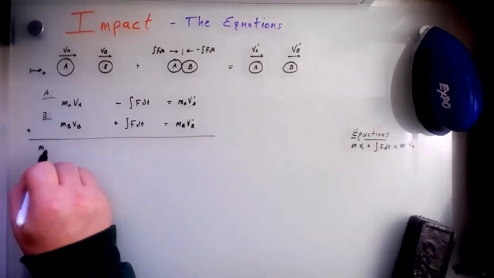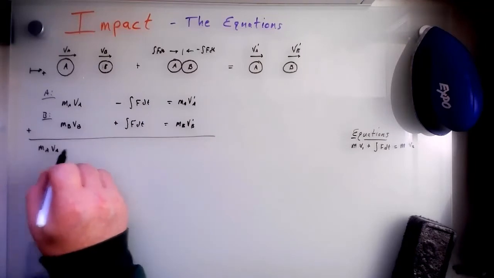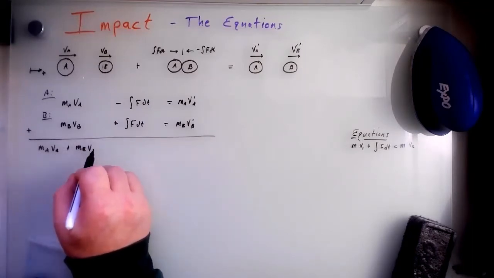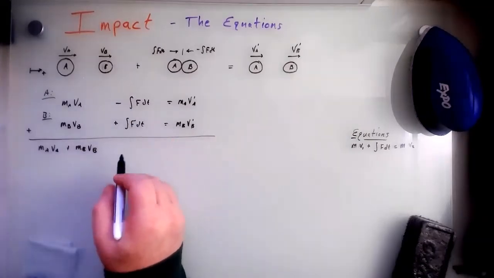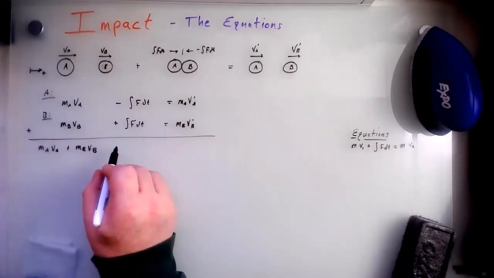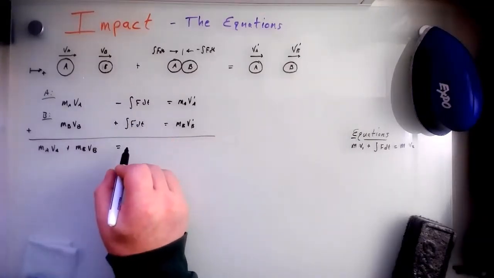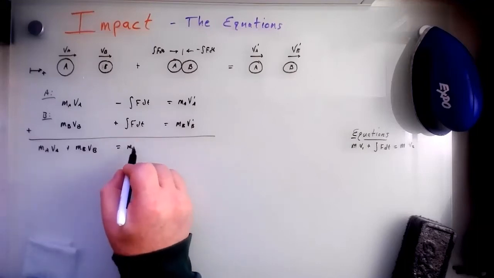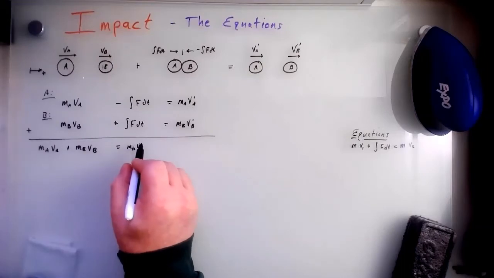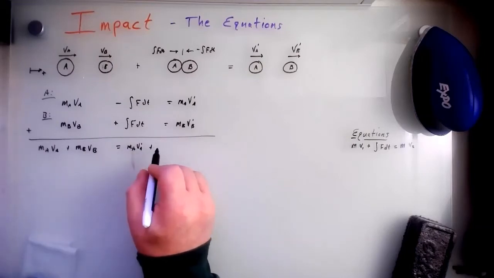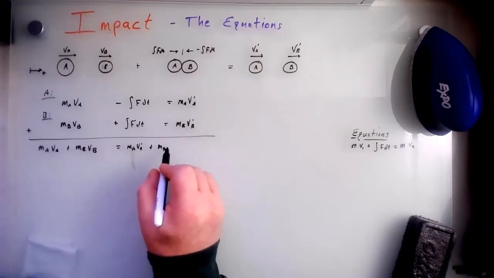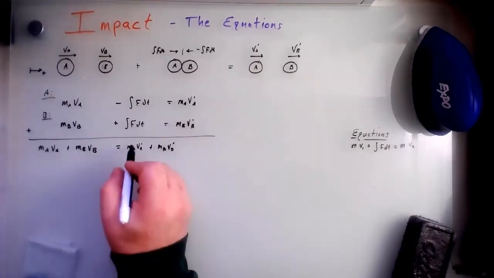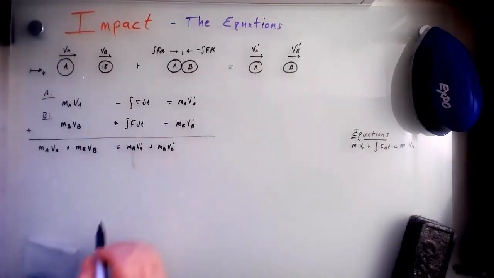So mA vA plus mB vB, when we add these together, the impulses sum to 0. So this is equal to mA vA prime plus mB vB prime. And we call this the conservation of momentum.